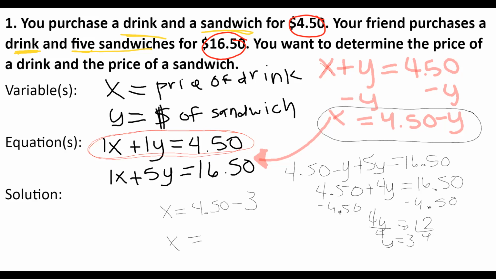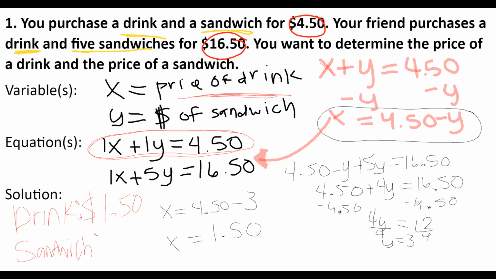So X is equal to 4.50 minus 3, and that's going to be 1.50. If we look back at how we defined our variables, X is the price of the drink. So the price of the drink is $1.50, and the price of the sandwich is $3 because that was our Y.